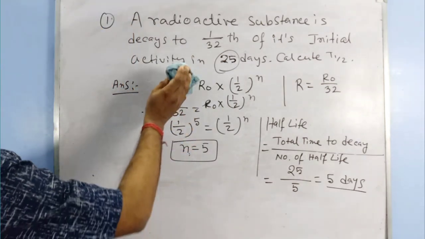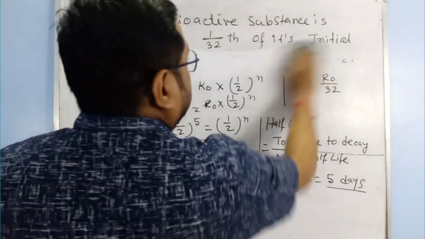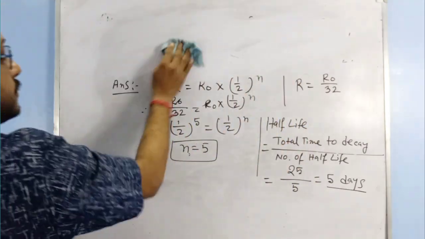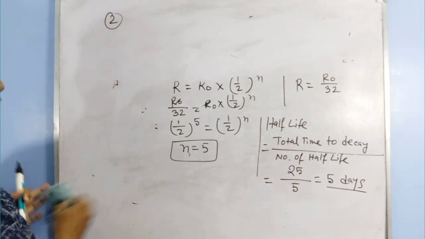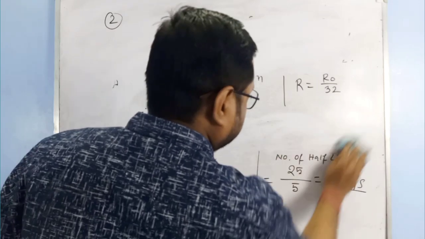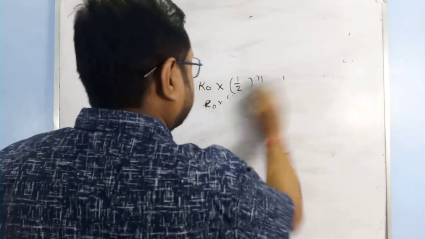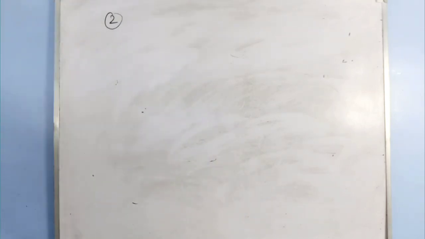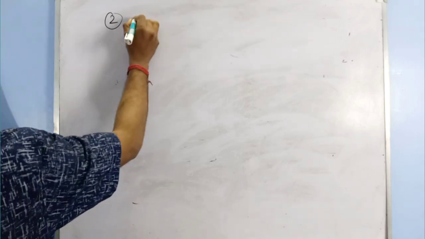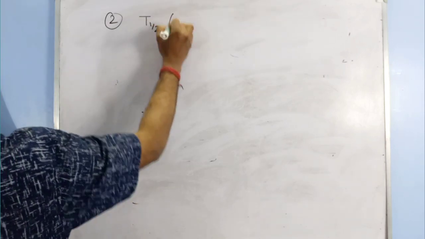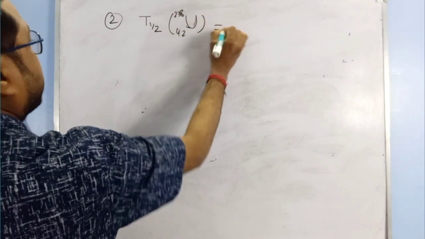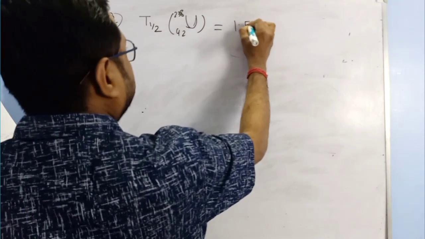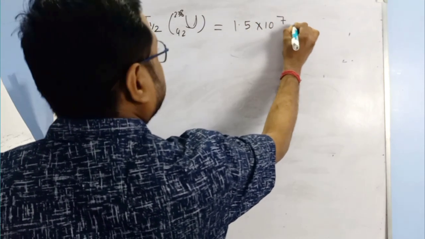Number 2 is, the half-life of uranium against alpha decay is 1.5 into 10 to the power 7 seconds.